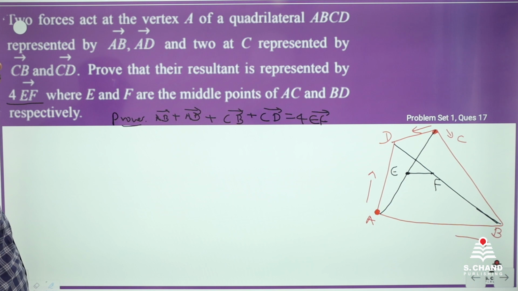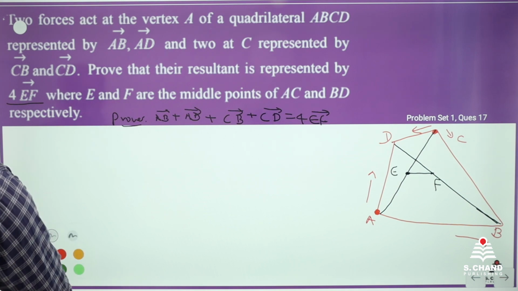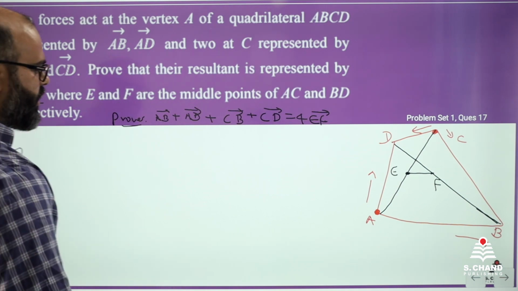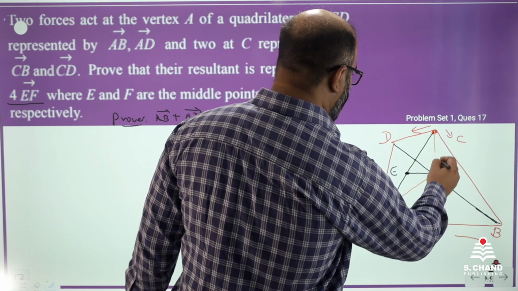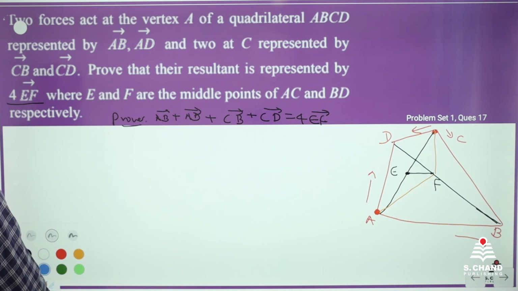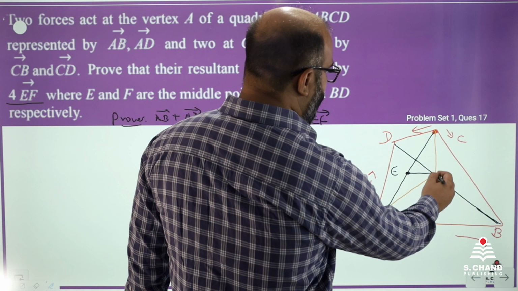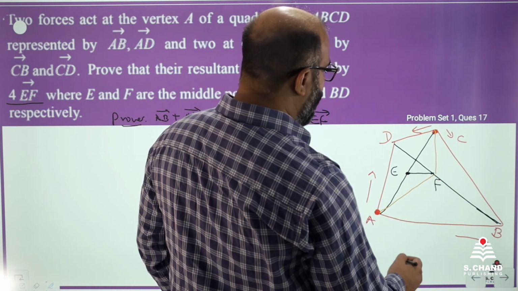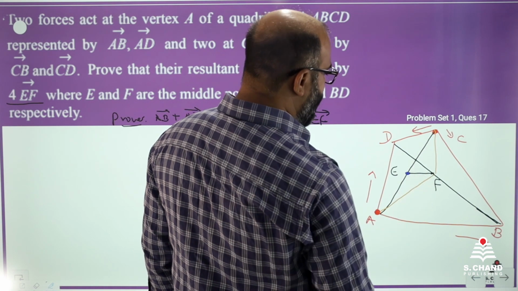So now we have to do a few constructions here which will help us in solving this. So what we will do here is, let us join AF and CF. So when we join AF and CF, what would happen? We have this triangle, and in this triangle E is the midpoint of this side AC.